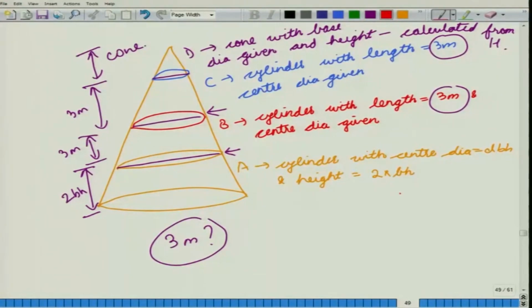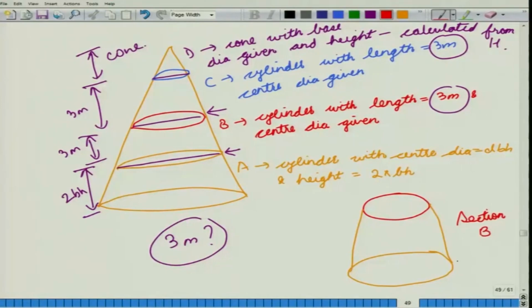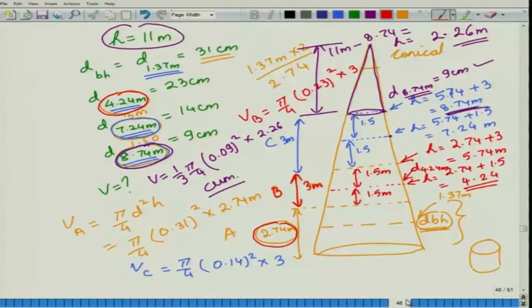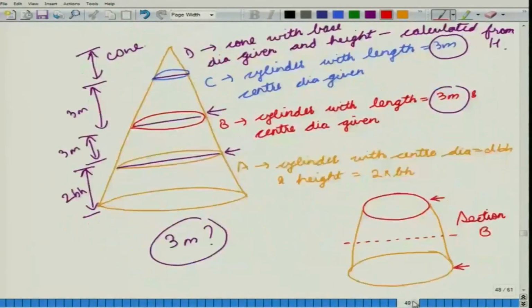To use the same colors, this is your section B. So, once you have made these cuts and once you have this log at hand, you can always measure the central diameter. The central diameter would be what was given to you in the problem. So, this is how we are going to make the cuts.